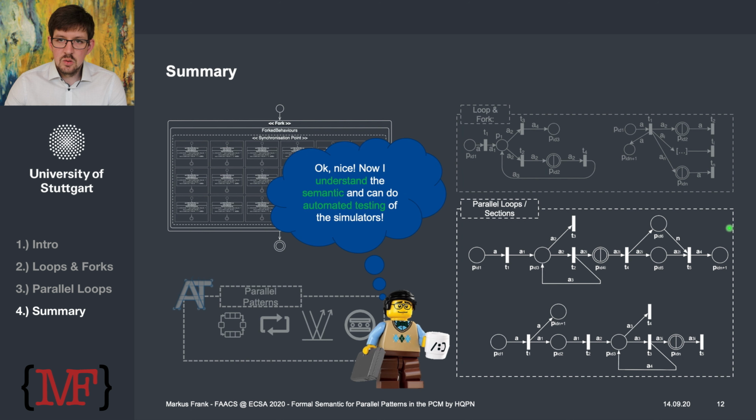Next, we used these 2 concepts to define and specify the behavior of parallel loops and sections. Therefore, the software performance engineer can now specify thread-based parallelism in performance prediction models. And he can understand the semantics now and can use it for automated testing of the simulators as well.